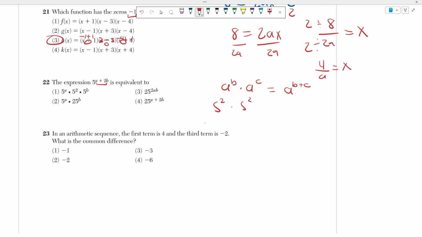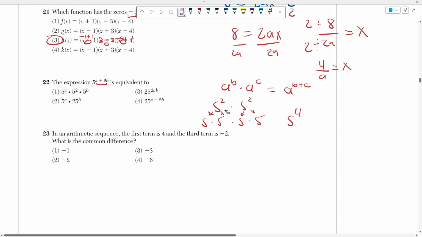If I were to rewrite this the long way, 5 times 5 times 5 times 5, right? I split these 5 squared into what they actually represent. That's 5 times 5 times 5 times 5. How many 5s am I multiplying by themselves? I'm multiplying 4 5s by themselves, right? Which is the same thing as 2 plus 2.